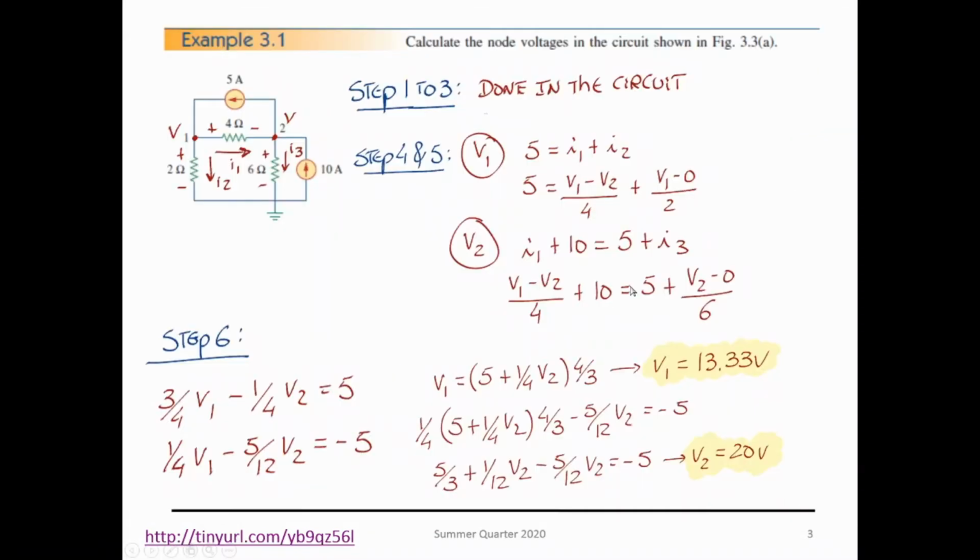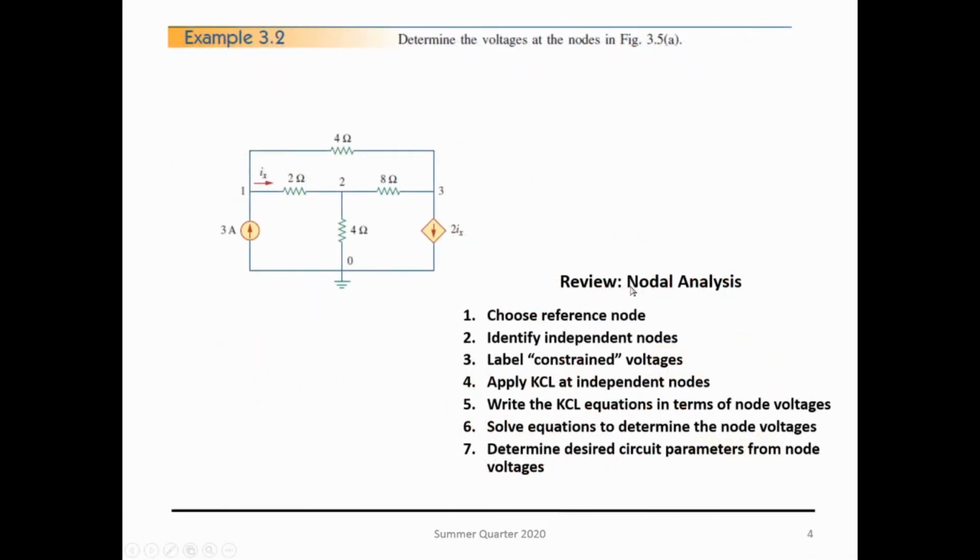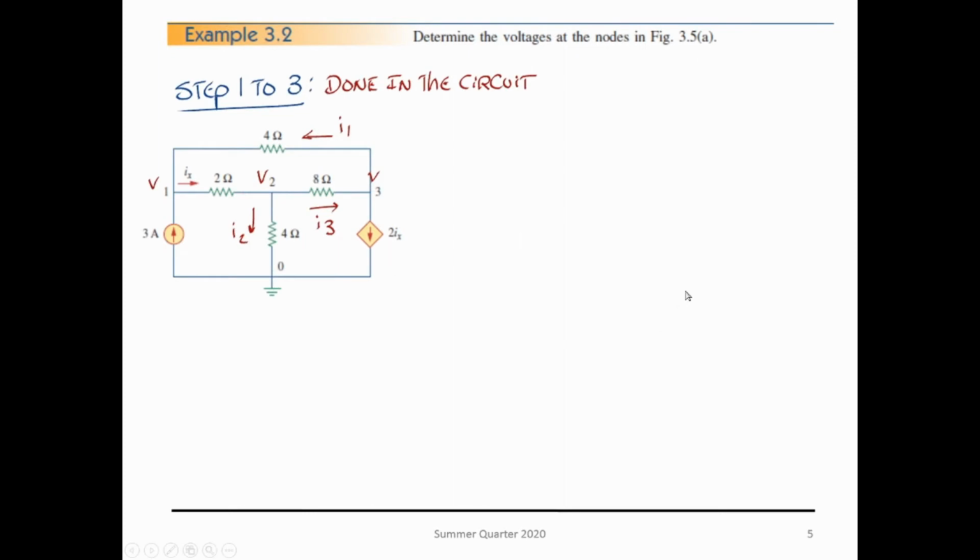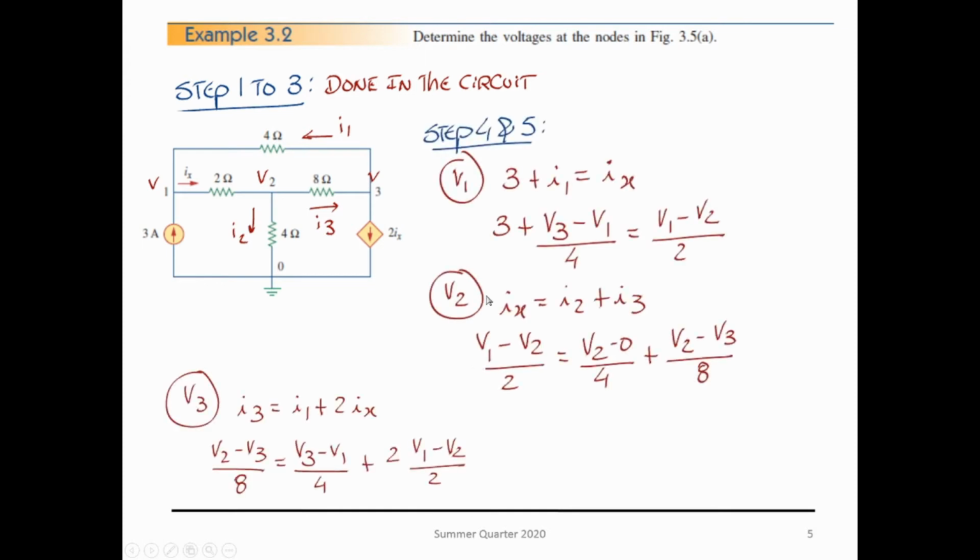It's pretty cool to simulate, so you can see what currents do in the circuit and make sure that everything is correct. All right, exercise number 2, same thing, node analysis, similar steps. Again, 1, 2, and 3 are pretty much done: the reference point and the labeled nodes over there. Assign currents, directions of currents if you don't have them, again arbitrary direction. And steps 4 and 5, take the equations for the nodes.